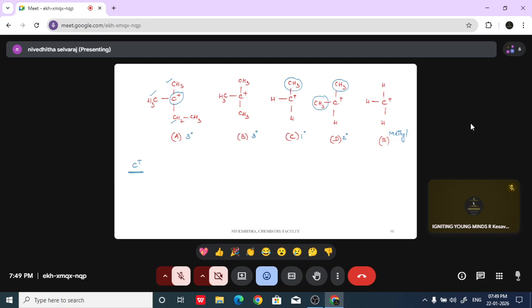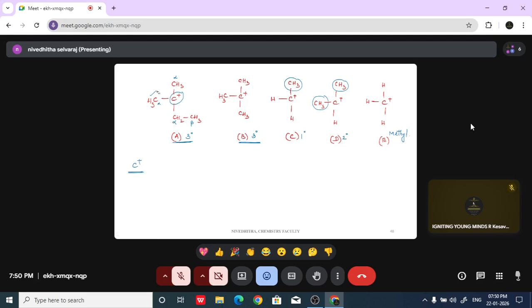But according to this question, we have two tertiary carbocations. So whenever we have two tertiary carbocations, how do we decide their stability? We have to count the number of alpha hydrogens. So how to do that? The carbons which are directly attached to the positively charged carbon are alpha carbons. The carbons which are directly attached to an alpha carbon are beta. So we have three beta carbons, and the hydrogens which are attached to alpha carbons are alpha hydrogens.